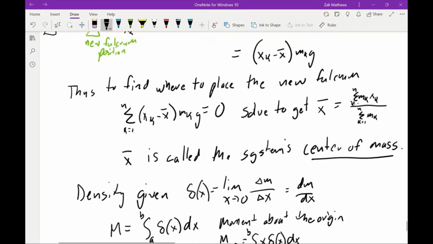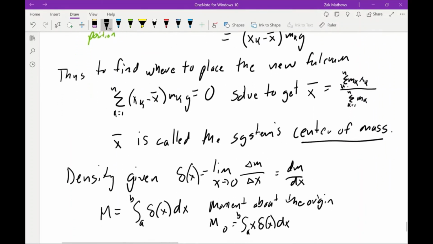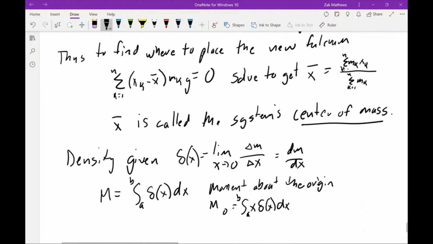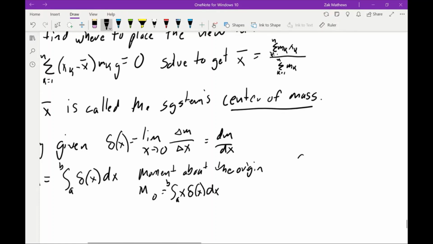Because remember we said the moment before was simply equal to the x times the force. Well, we're saying that the mass is this density curve. And then finally, we have an equation for center of mass. X bar is equal to moment over the mass.